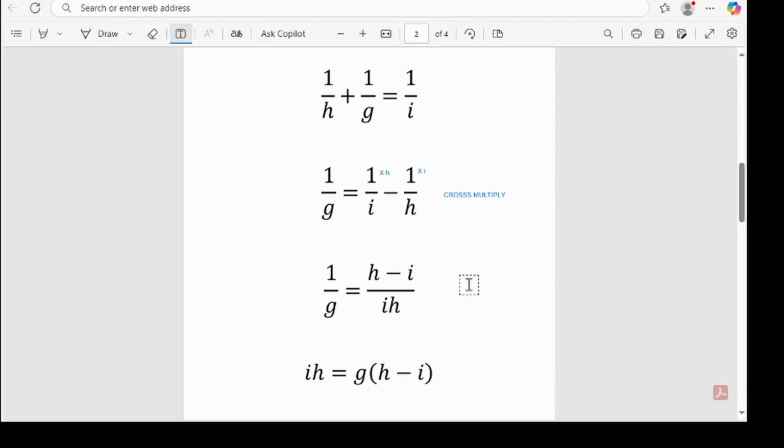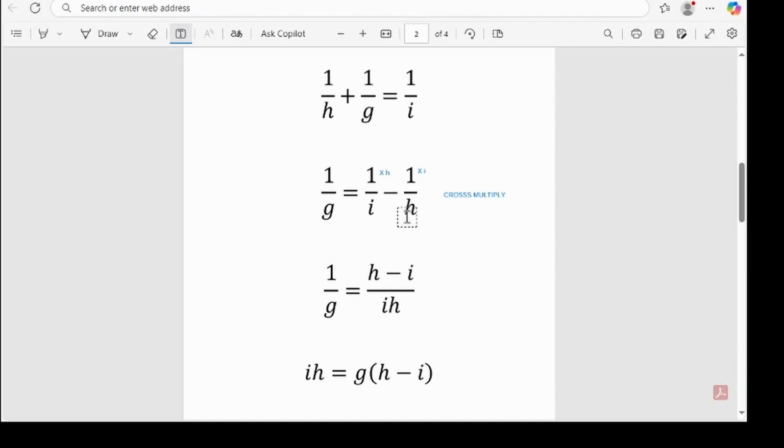Okay, so when you cross multiply, h times 1 will give you h, right? That's what we've written here as h. I times 1 will give you I, so we've written it h minus I. Okay, you get it.